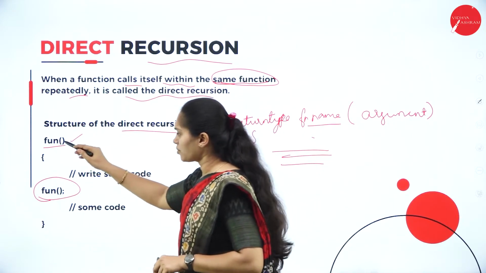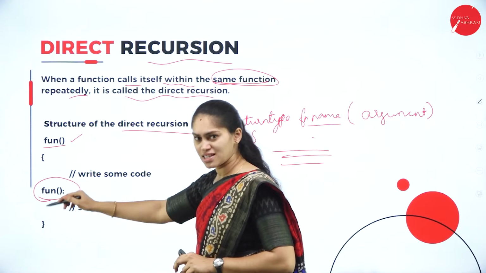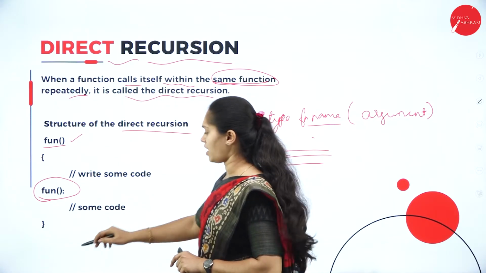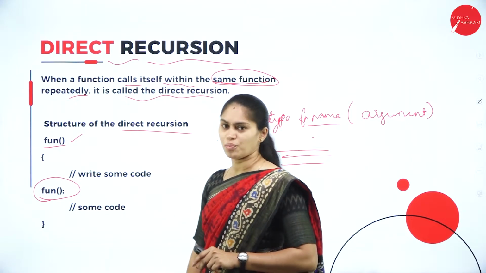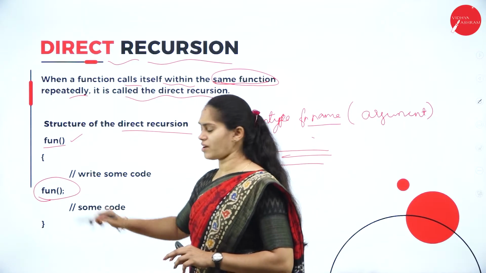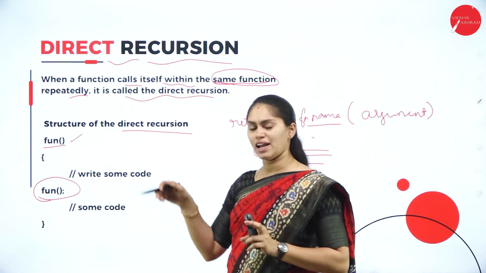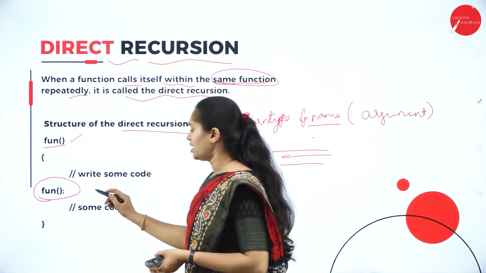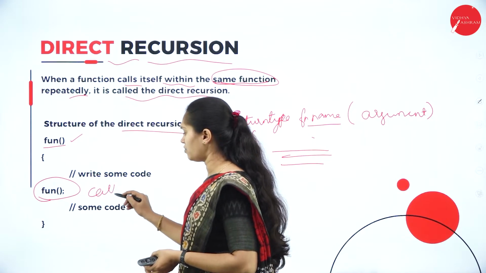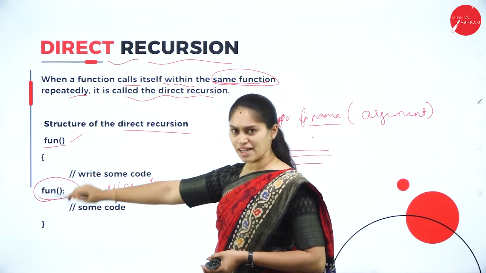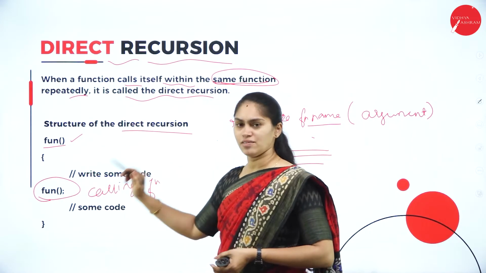That means I am calling the same function within the same function, and we call that a direct recursion. At last I close the scope of the function. This is how we call a function name, and if we have any arguments along with a semicolon, that is considered calling a function.